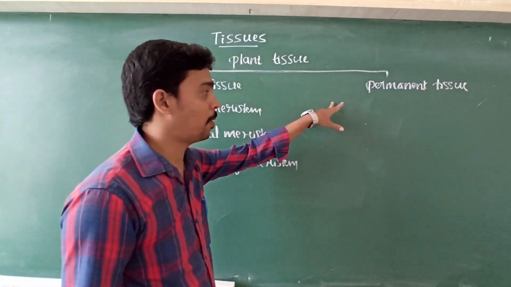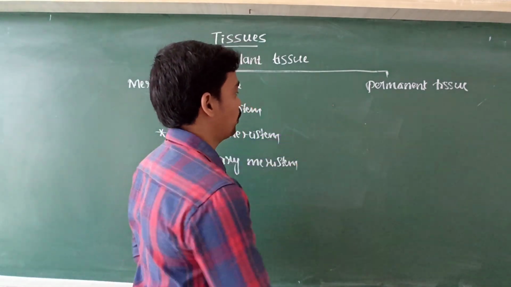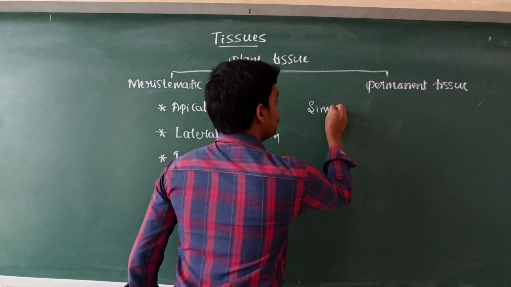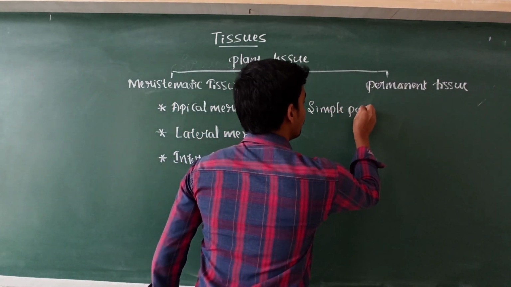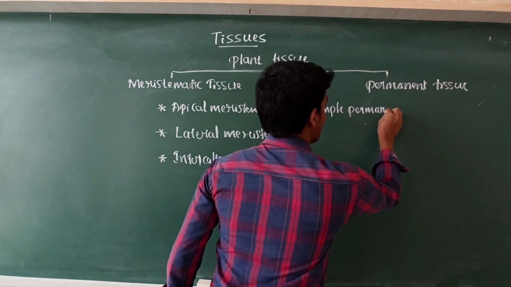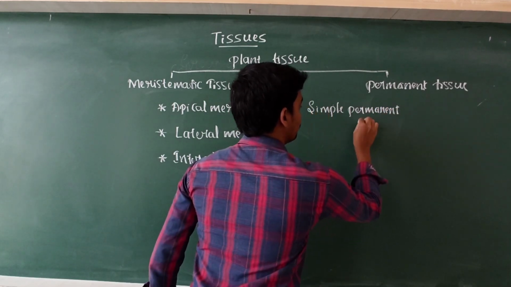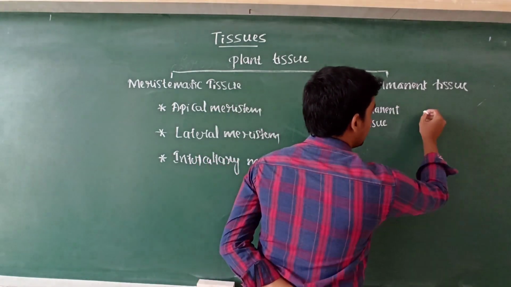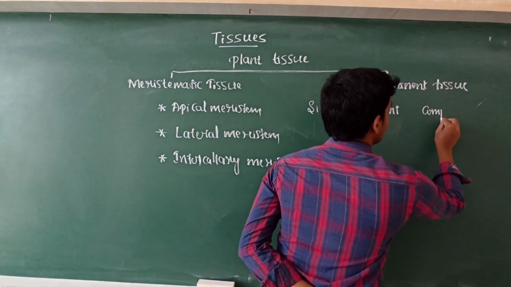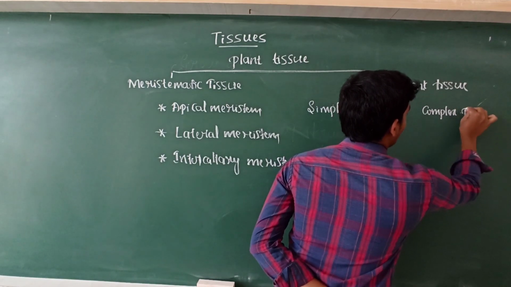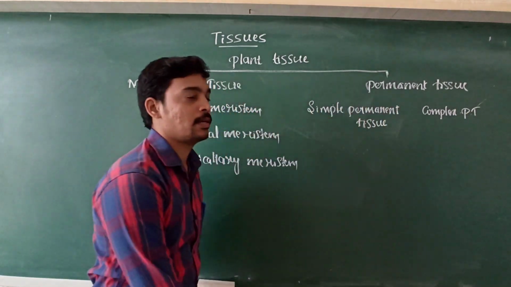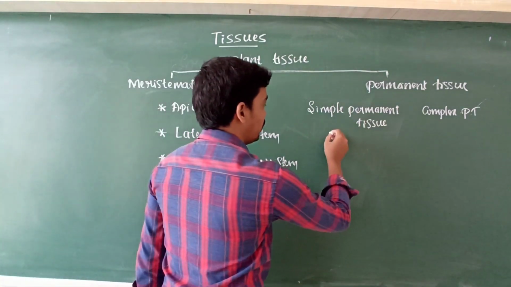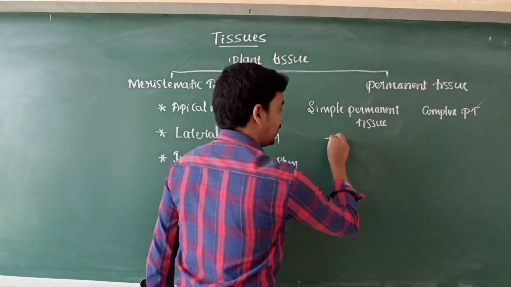Then what about the permanent tissue? Here again the permanent tissue is classified into two types. One is simple permanent tissue, and the next one is complex permanent tissue. And again, in simple permanent tissue, there are three types.